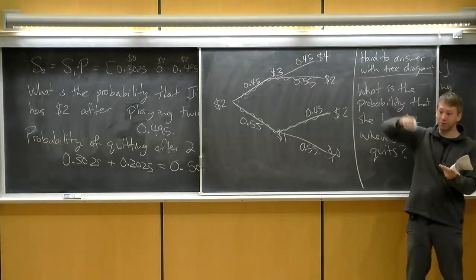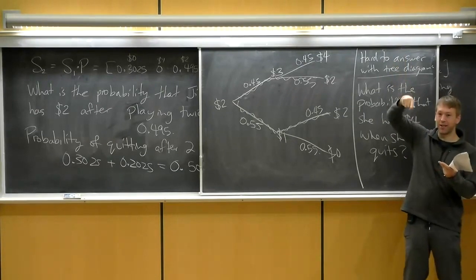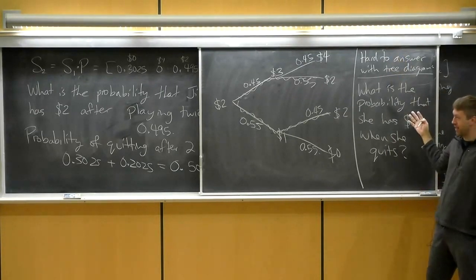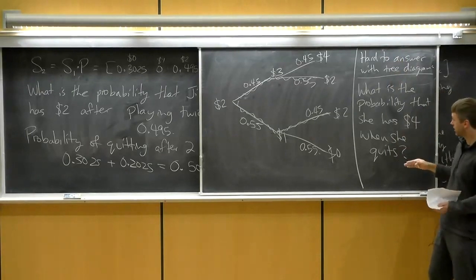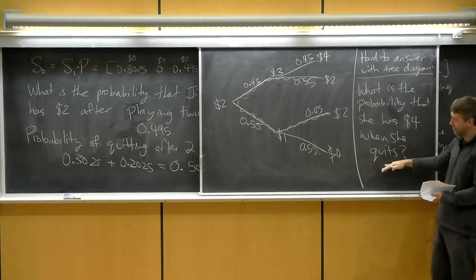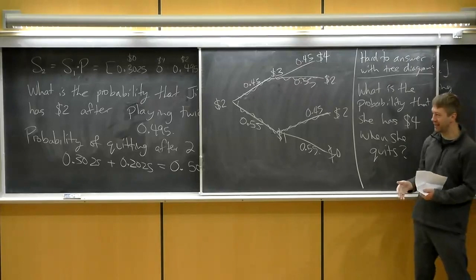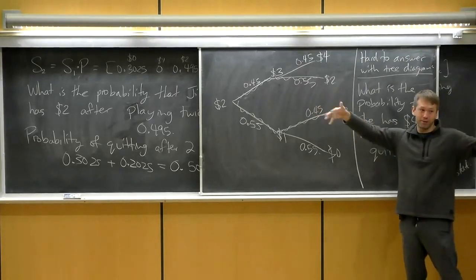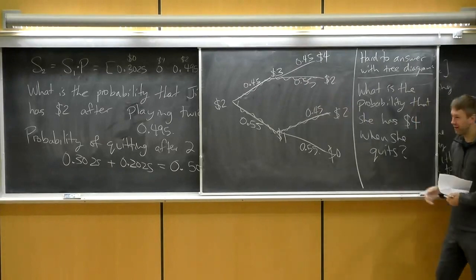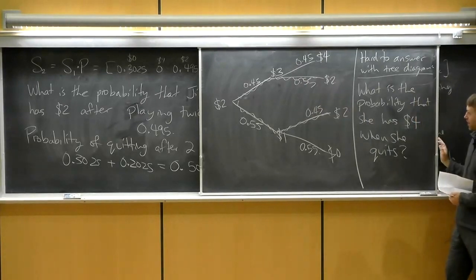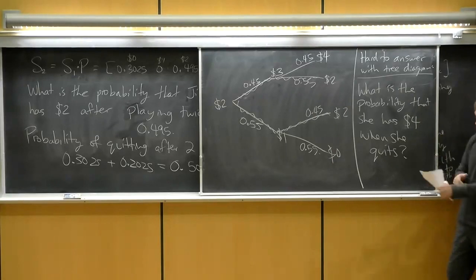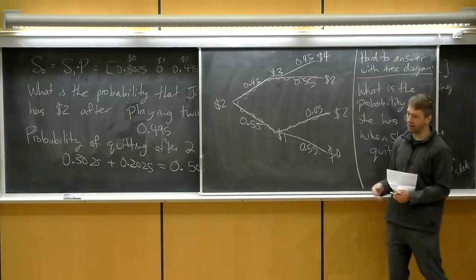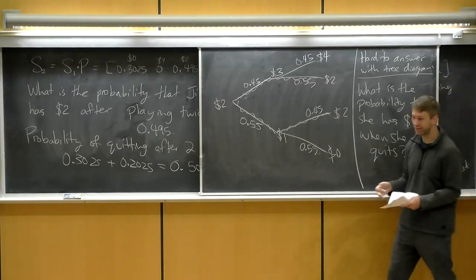She might do this for a really long time and then eventually get to $4 and quit, and that can happen for any number of steps. So to answer this with a tree diagram, you'd need an infinitely large tree diagram to cover all the possible cases, and obviously that's not feasible. So we're going to be able to answer questions about these kinds of things without a tree diagram, just by analyzing the matrices.